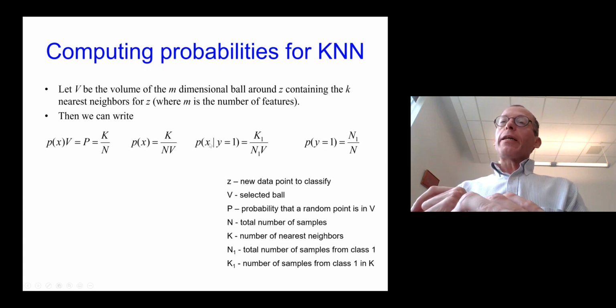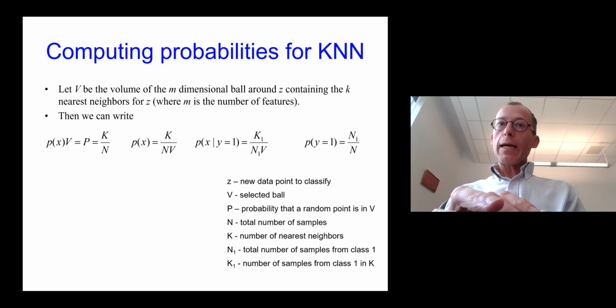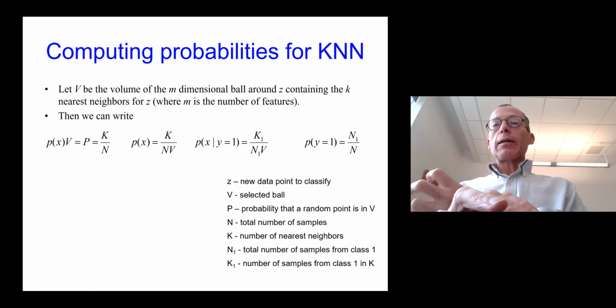What is the probability for a sample from class 1 to be in this ball? This is the probability of X conditioned on Y equals 1. It's the same type of argument.